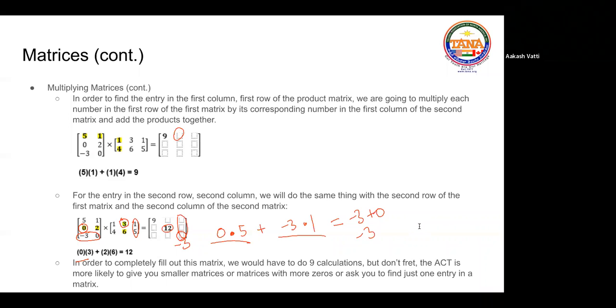It is not 0 times 1, because again, you're supposed to take the first one. If you look at the problem, the one I already wrote before, this one has 0 times 3. 0 is the first position here, 3 is the top, and 2 times 6, 2 is the second, 6 is the second.